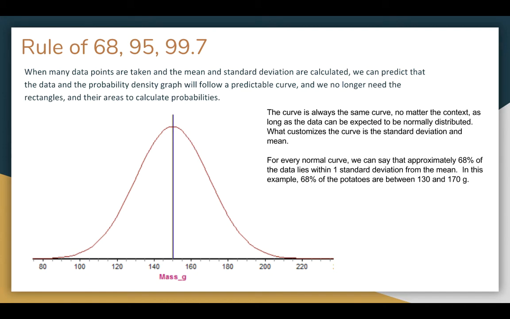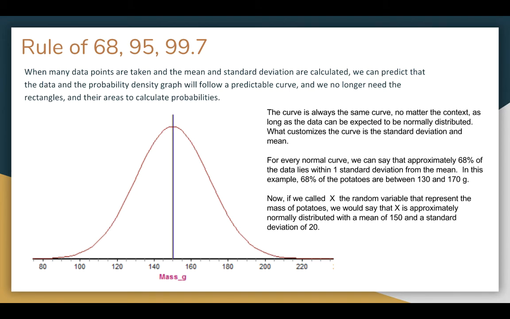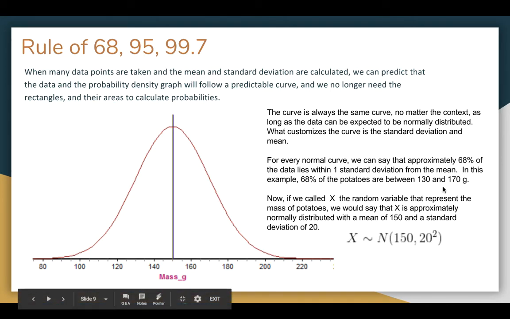For every normal curve, 68% lie within 1 standard deviation of the mean, so that's 130 to 170. If we call x the random variable, we'd say x is normally distributed with a mean of 150 and a standard deviation of 20. We write it like this, where we actually quote the variance, but the standard deviation is 20. You won't see that a lot, but I want to expose some people to that notation.